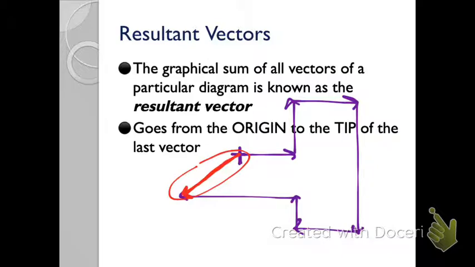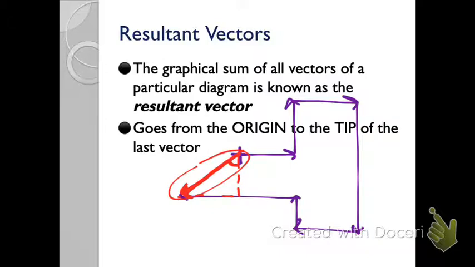I'll be able to find the angle there, I'll be able to find the length of that vector, and I'll be able to say, if you want to go from start to finish, here's how you do it. That's the resultant vector, and that's what that tells us. Does that kind of make sense? Resultant vector always goes from the origin to the tip of the last vector. Okay. Any questions about what that looks like?